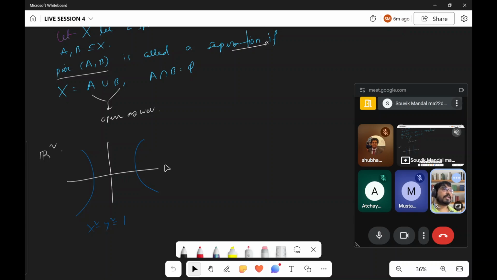If you think you have to always use this definition, that will be very difficult, because you simply can't prove that you cannot write a space as A union B where A and B satisfy those conditions. So in the connectedness chapter there are a few more results to understand whether a space is connected or not. The first theorem is as follows.